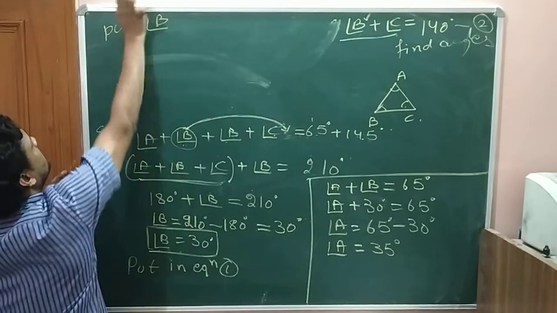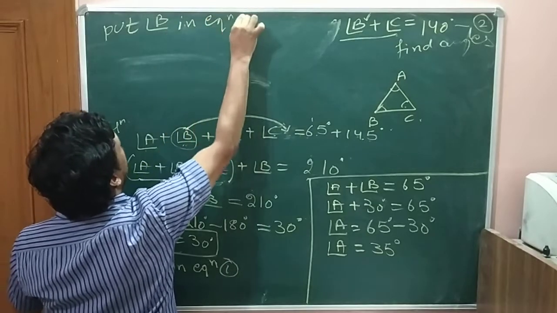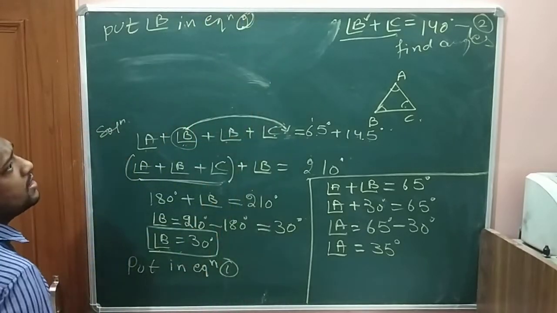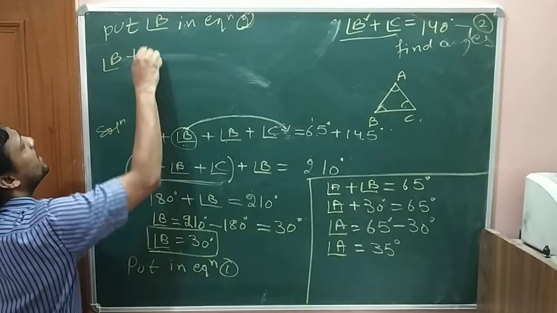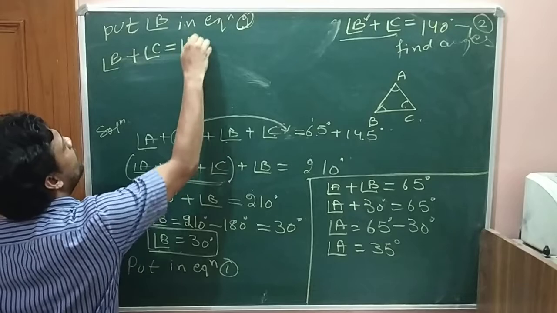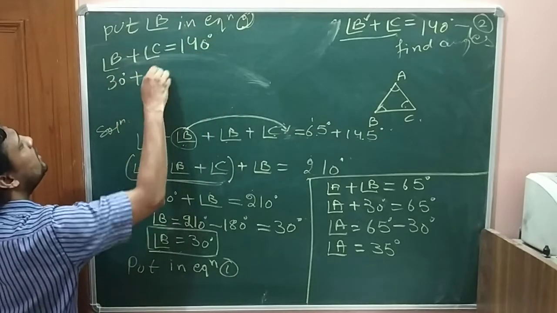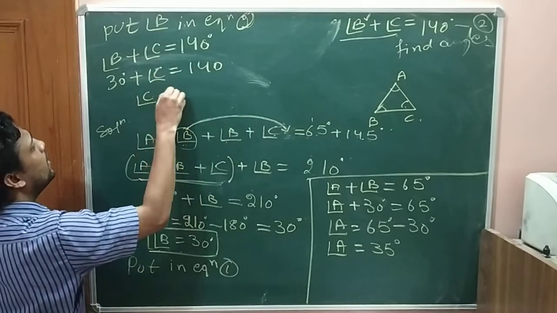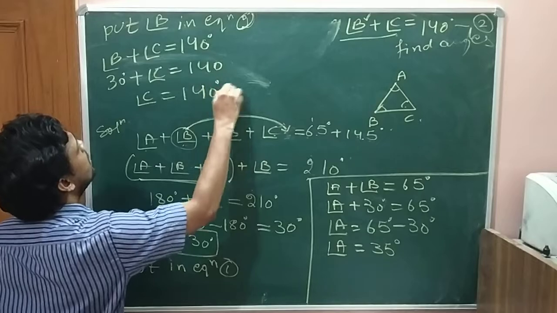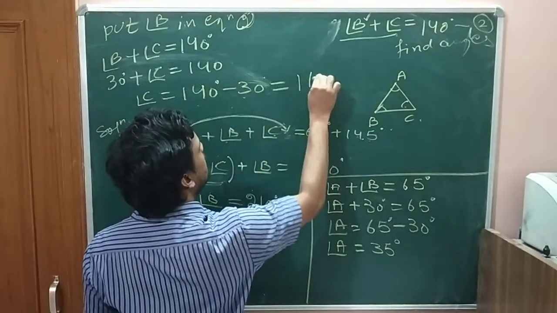Angle B plus angle C equals 140 degrees. What is angle B? 30 degrees plus angle C equals 140 degrees. So angle C equals 140 degrees minus 30, that is 110 degrees.